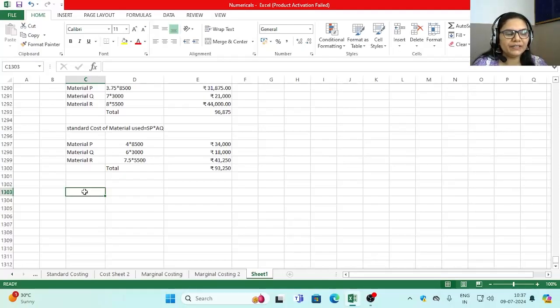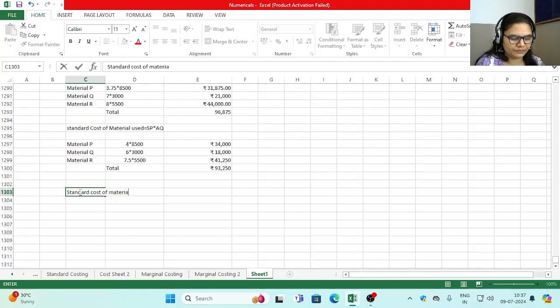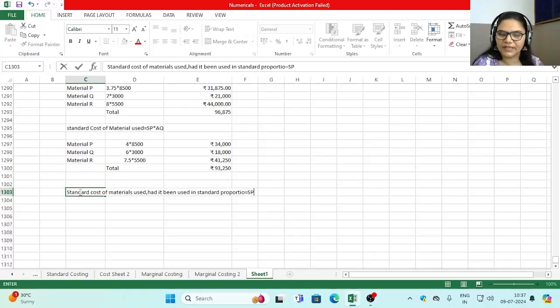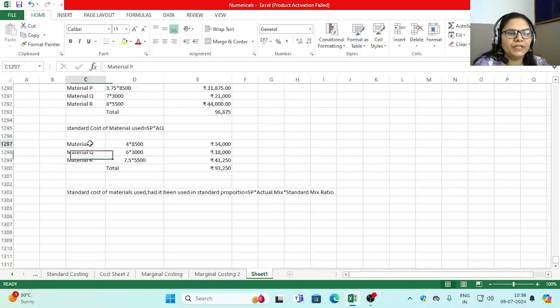So basically what we will calculate is the standard cost of material used had it been used in standard proportion, which is SP into actual mix into standard mix ratio. So it will be for materials P, Q, R separately again.